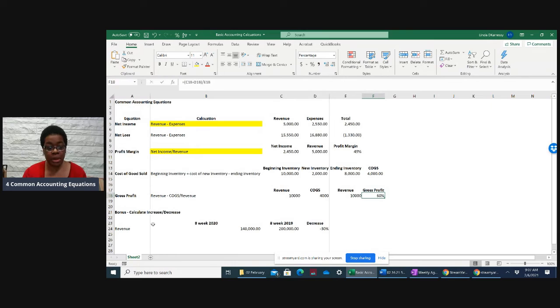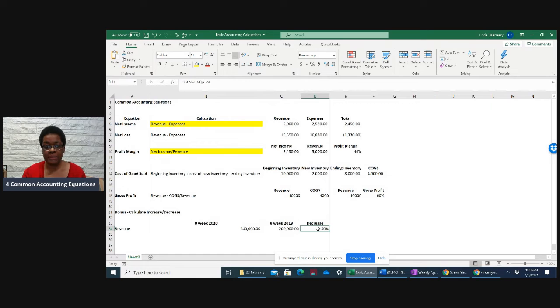Also, just as a bonus, sometimes entrepreneurs get tripped up on how to calculate increase and decrease. I'm just using this as an example. Say you're comparing revenue: in 2020 it's 140,000, and in 2019 it was 200,000. That's a 30% decrease.